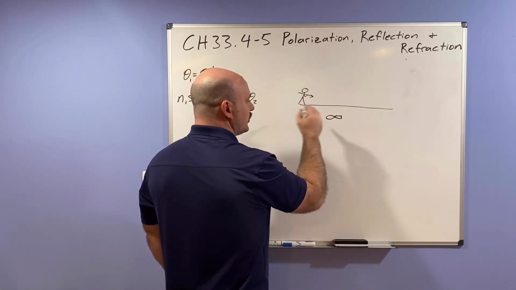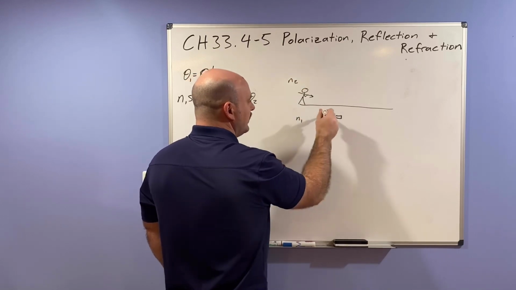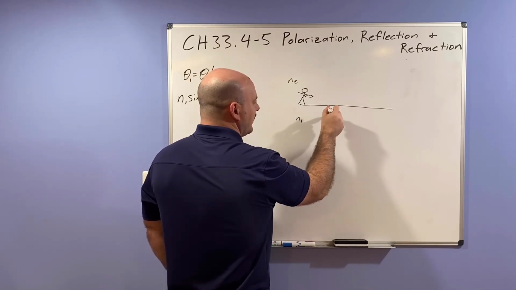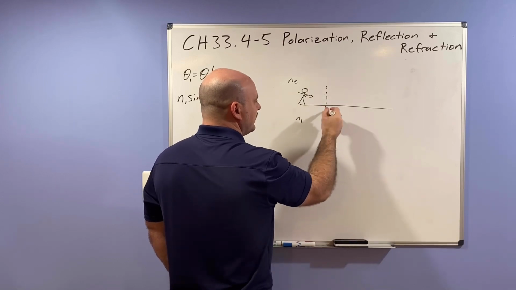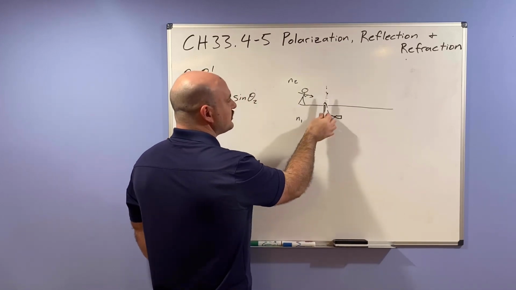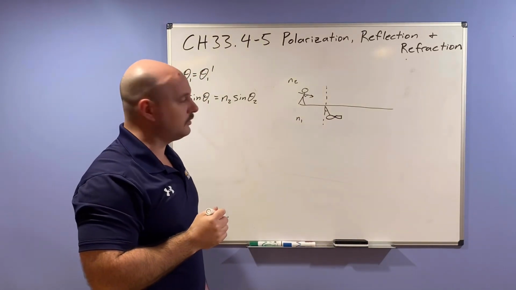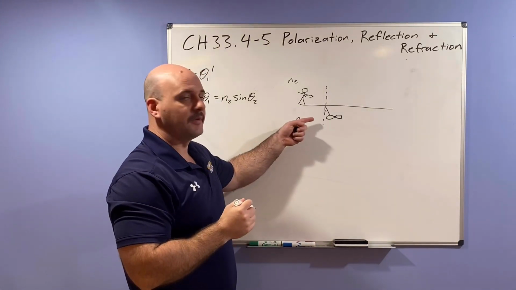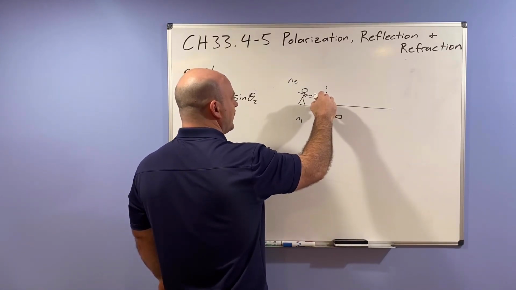So the incident ray is down here. This is N1, here's N2. The incident ray comes up at some angle to the vertical. Here's our incident ray. And then it bends away from the normal because it's going from a larger index of refraction to a smaller index of refraction in the air.